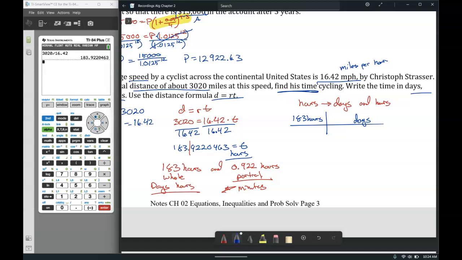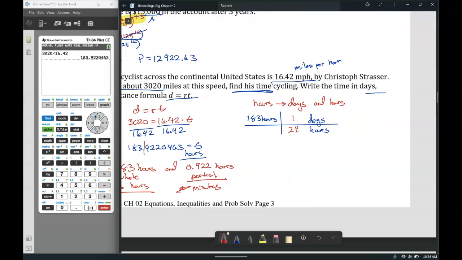In order for that to happen, we need to get rid of the unit hours, so we need to have hours on top and hours on bottom. Within one day, there are 24 hours. So we can treat this dimensional analysis as multiplication of fractions. We multiply the numerators, we multiply the denominators, and then we simplify the fraction.